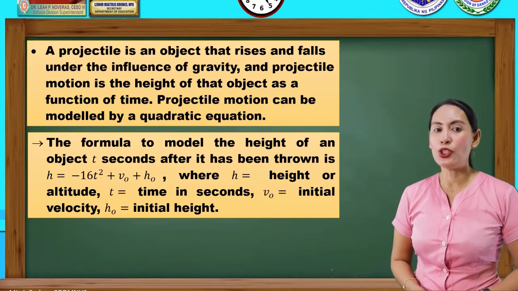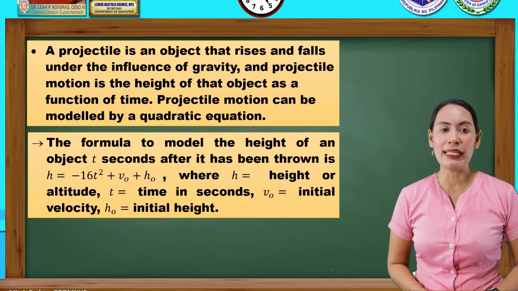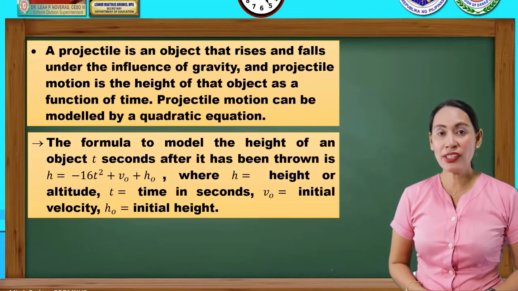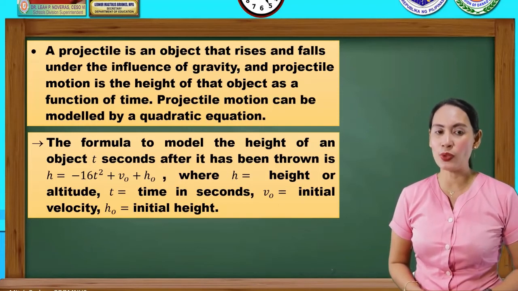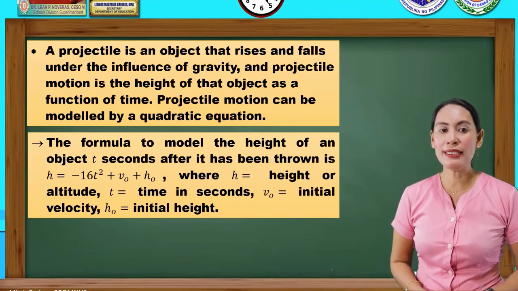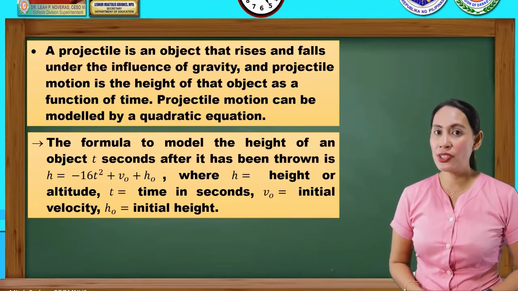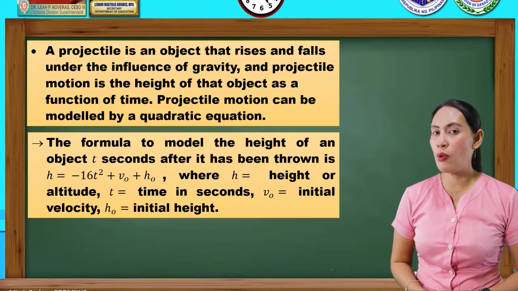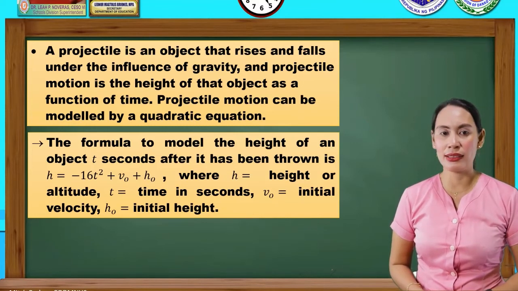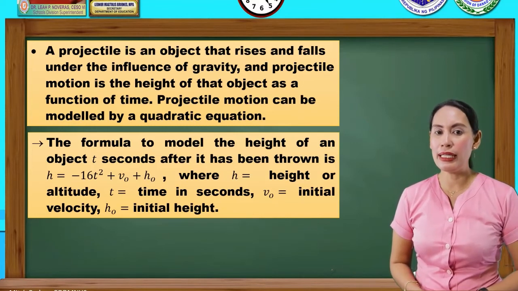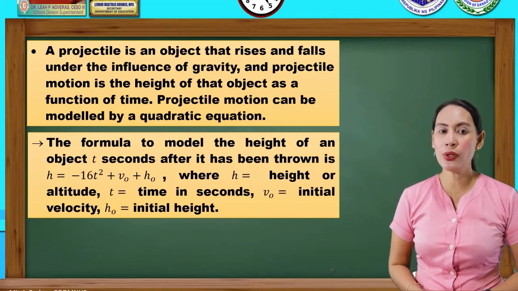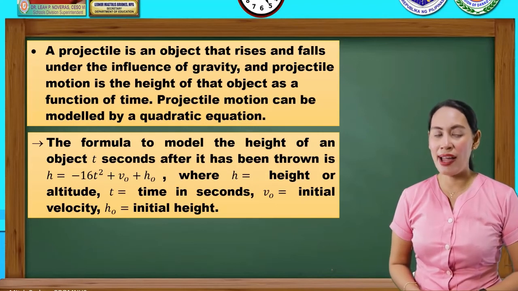The formula to model the height of an object t seconds after it has been thrown is h equals negative 16t squared plus v sub 0 t plus h sub 0, where h equals height or altitude, t equals time in seconds, v sub 0 is the initial velocity, and h sub 0 is the initial height.